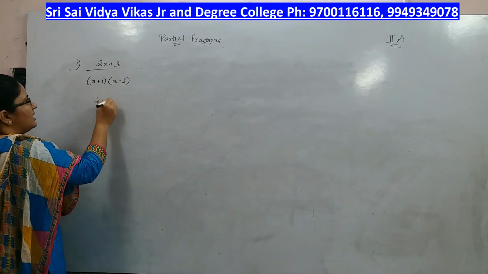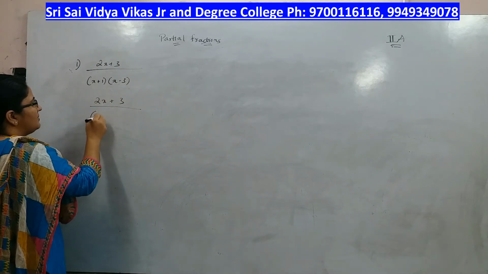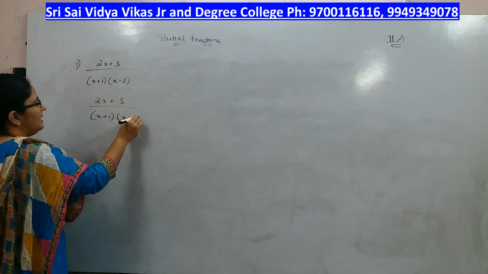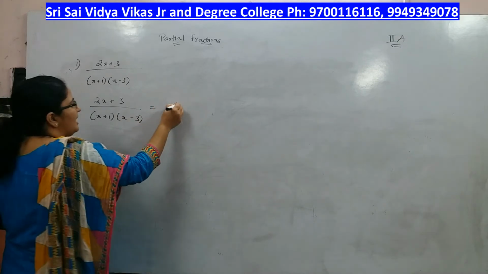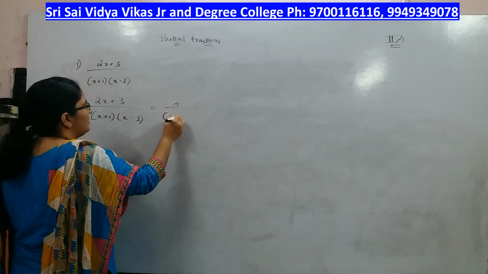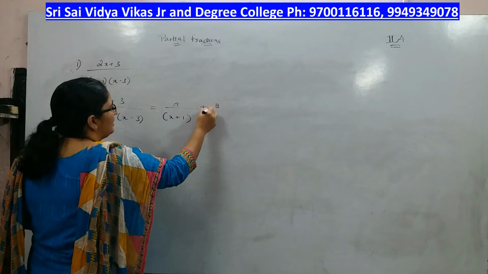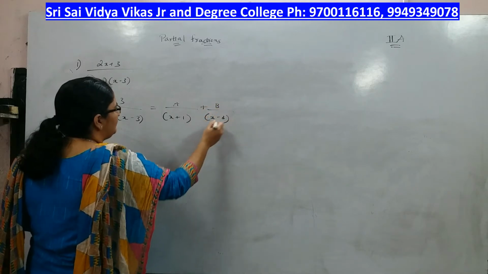So, here (2x + 3) / ((x + 1)(x - 3)) can be written as A/(x + 1) + B/(x - 3).